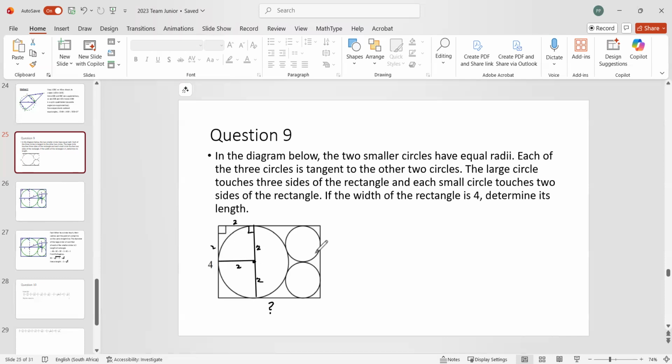Okay, so let's just hold on with that side. And on the other side, what do we have? Again, if you take the common tangent here, there's one tangent at the point of contact.